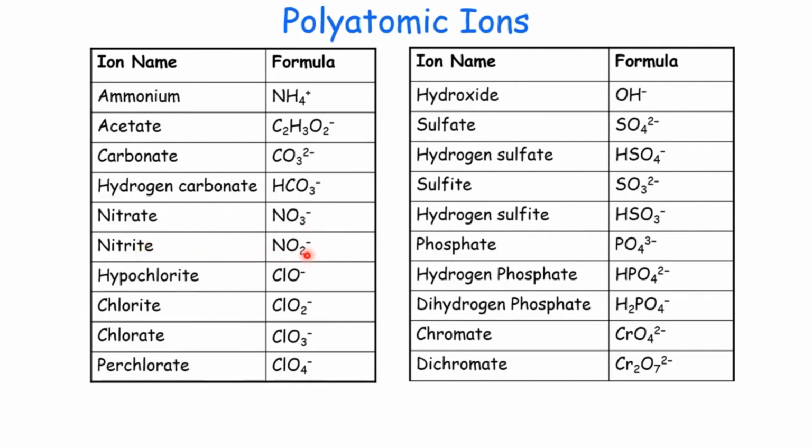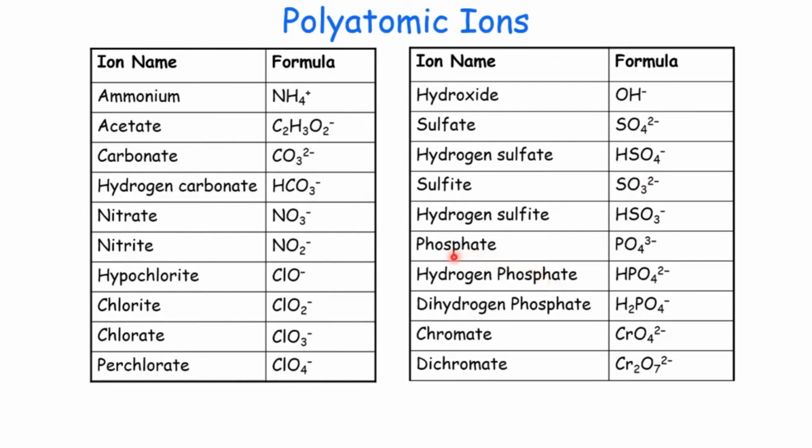Nitrite is 1 oxygen atom less, NO2, -1. The charges don't change. And then you will have a similar pattern for sulfate, SO4, 2 minus, sulfite, SO3, 2 minus. You see, the charge doesn't change, but the number of oxygen atoms is different.